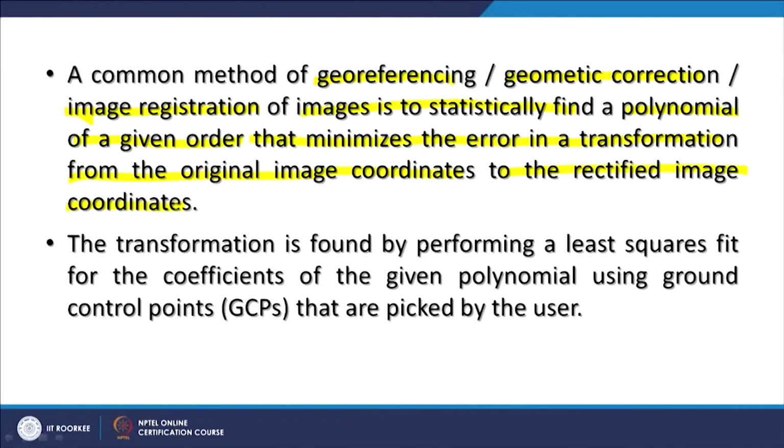Now, the first step to do the registration is using ground control points. The transformation of this image will be found by performing a least squares fit for the coefficients of a given polynomial using ground control points, GCPs, that are picked by the users, and this is what we have to provide interactively.